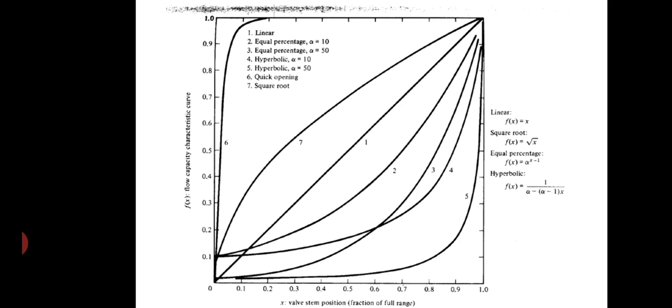So corresponding to whatever we apply, an equal amount of plug position will change, right? So we can define it as an inherently linear characteristic that produces equal changes in flow per unit of valve stroke regardless of plug position, right?